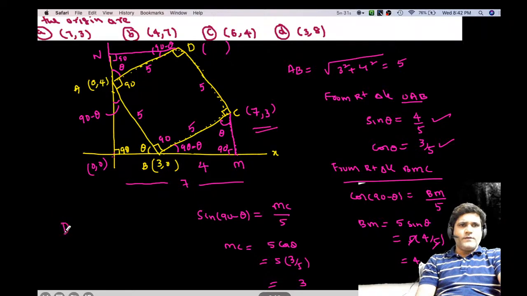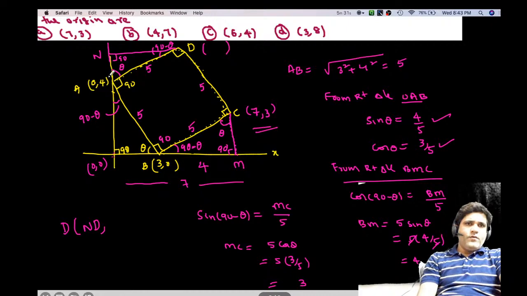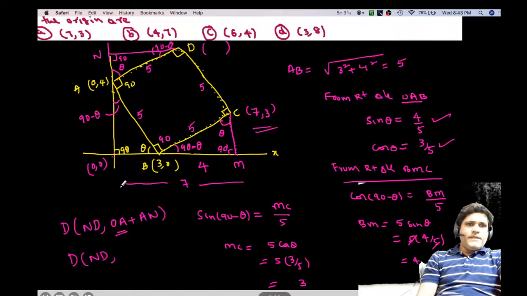Therefore coordinates of D are ND comma OA plus AN.